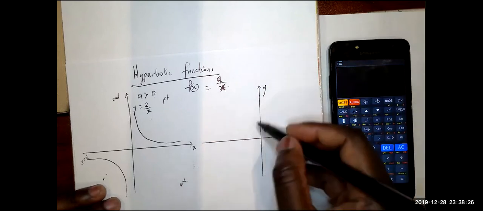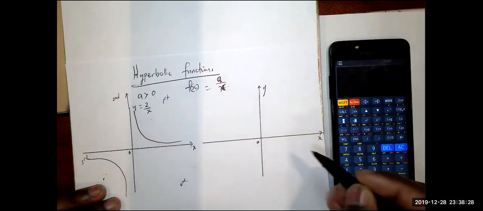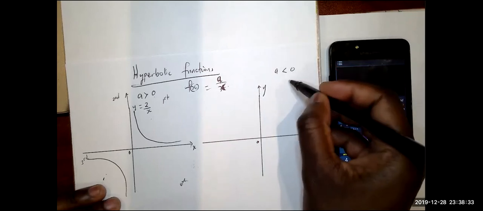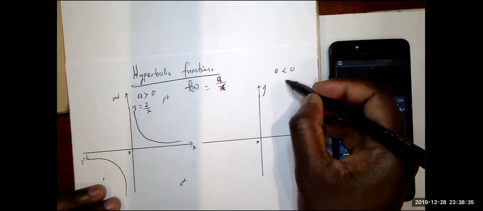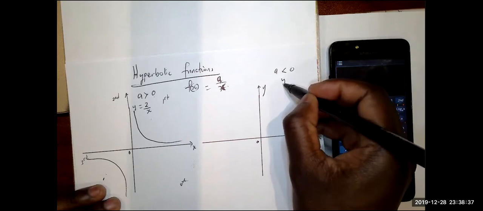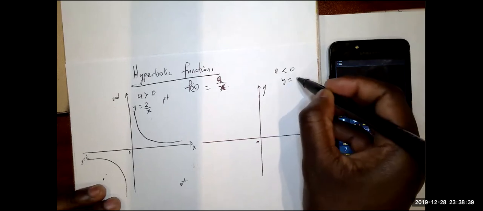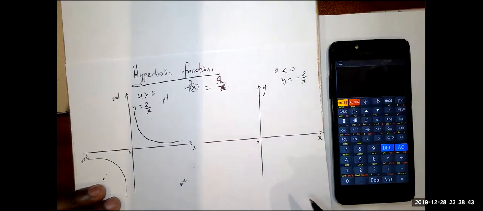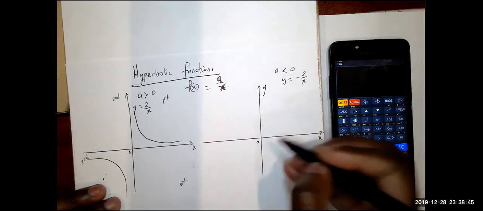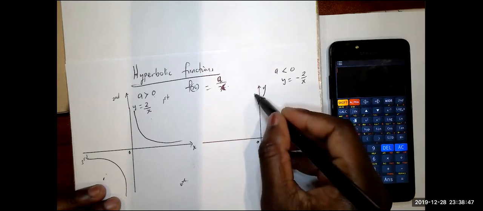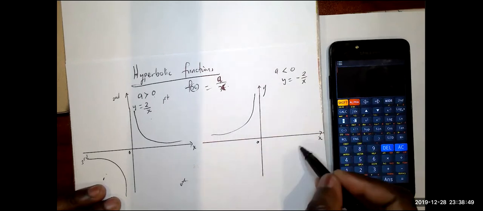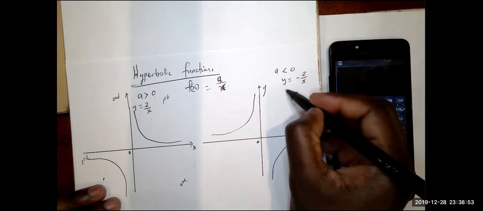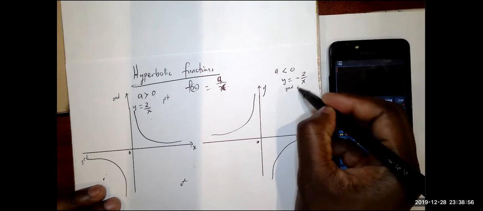Now, if a is less than 0, meaning a is negative, say y equals negative 2 over x, then your graph will fall into the second and fourth quadrants.